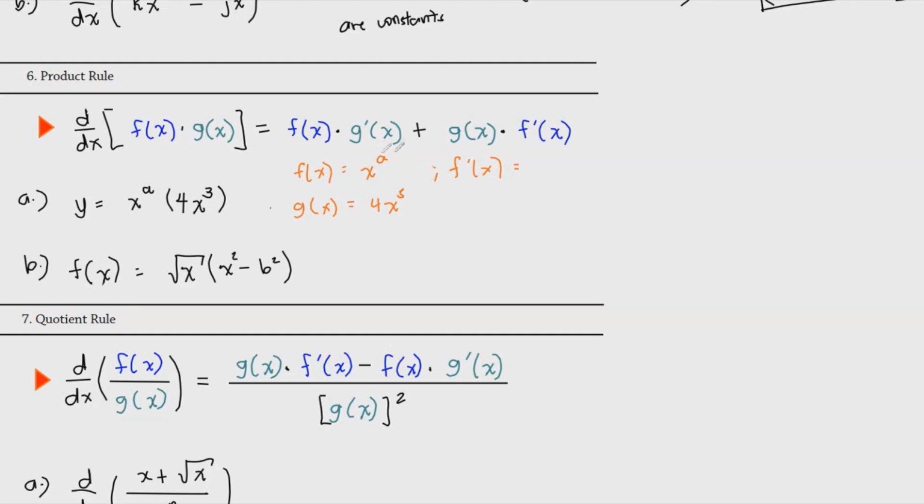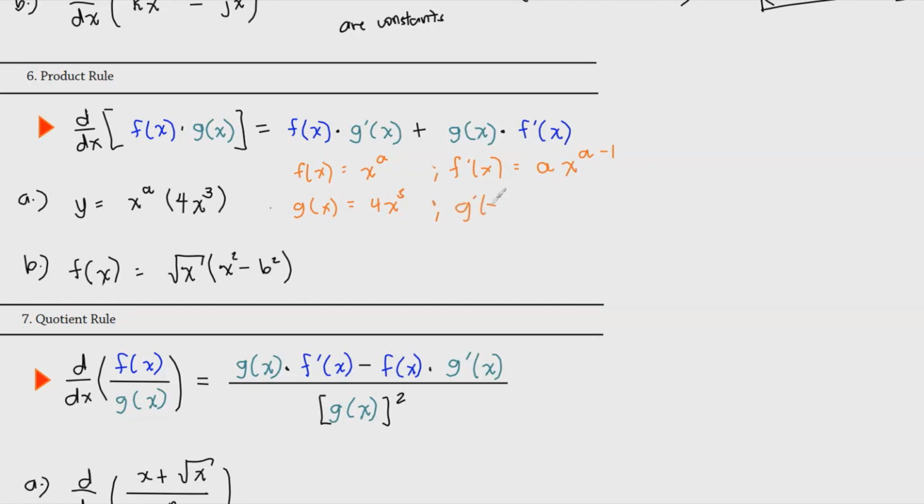So remember, the general rule for power rule is that if this is a power or an exponent, you just have to place it in front of x and then subtract 1. So it's like we're rewriting the general power rule. So with that, the derivative of x to the a would simply mean that we have a and then x raised to a minus 1. And this is what we always do with exponents.